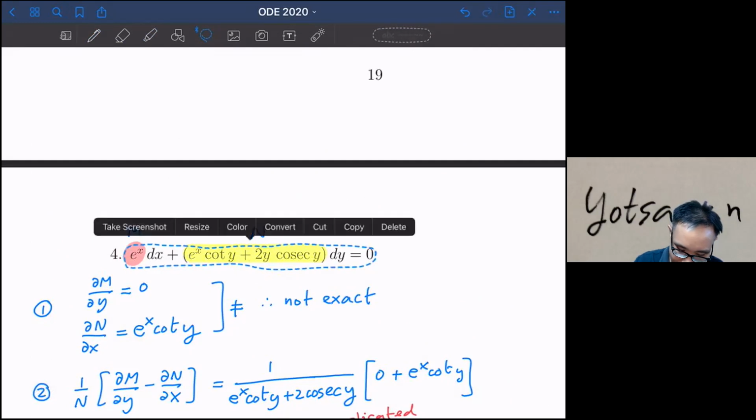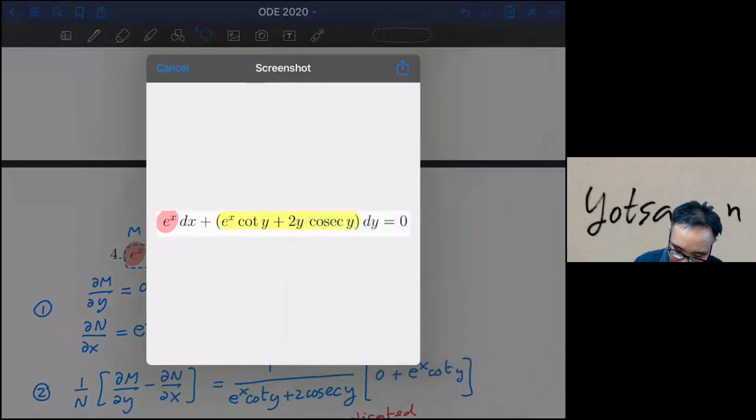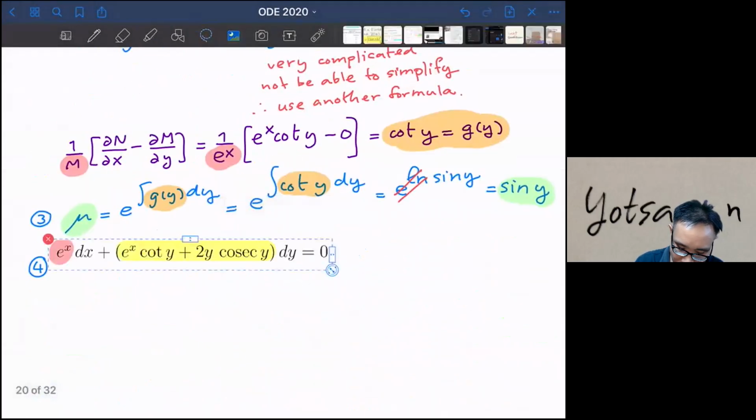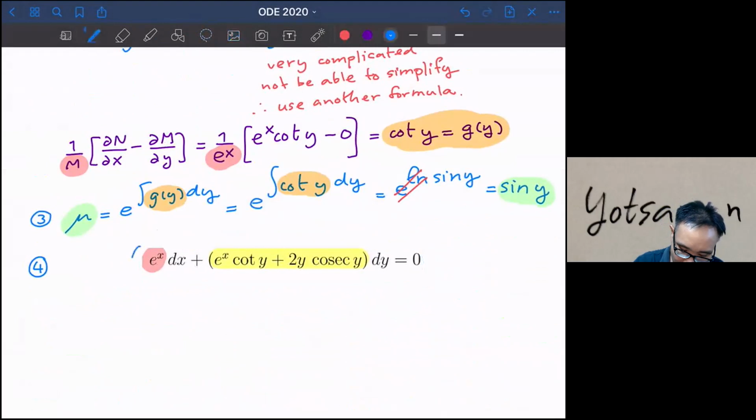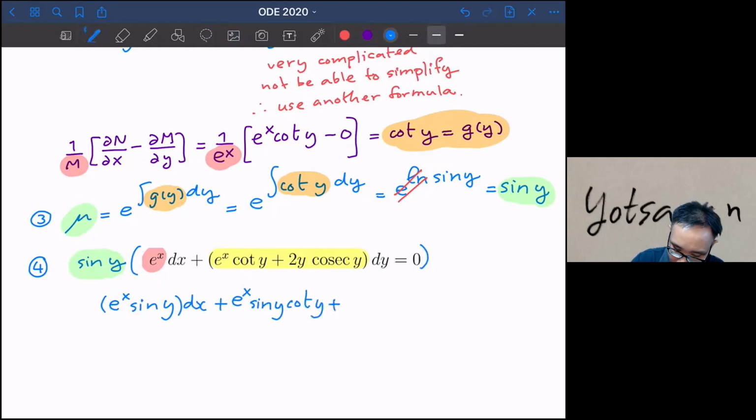Take screenshot, copy, and you would get this term, and you're going to multiply with the green one, so you multiply this with sin y. This turned out to be e to the x sin y dx plus e to the x sin y cot y plus 2y sin y cosec y, equal to 0, and this is exact.